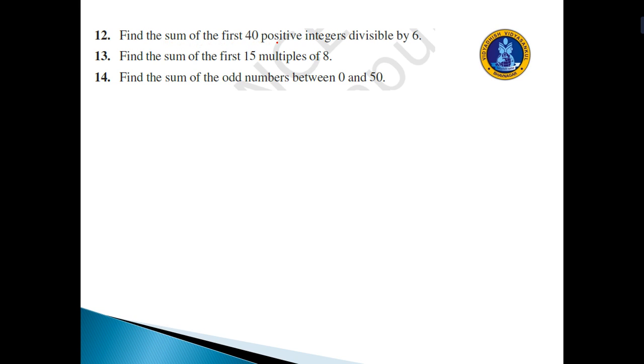Sum of the first 40 positive integers divisible by 6. So S40 we have to find out. To find Sn, we have to write the formula Sn is equal to n by 2 (2a plus (n minus 1)d). That was our formula. So the first term that is a multiple of 6 is 6.